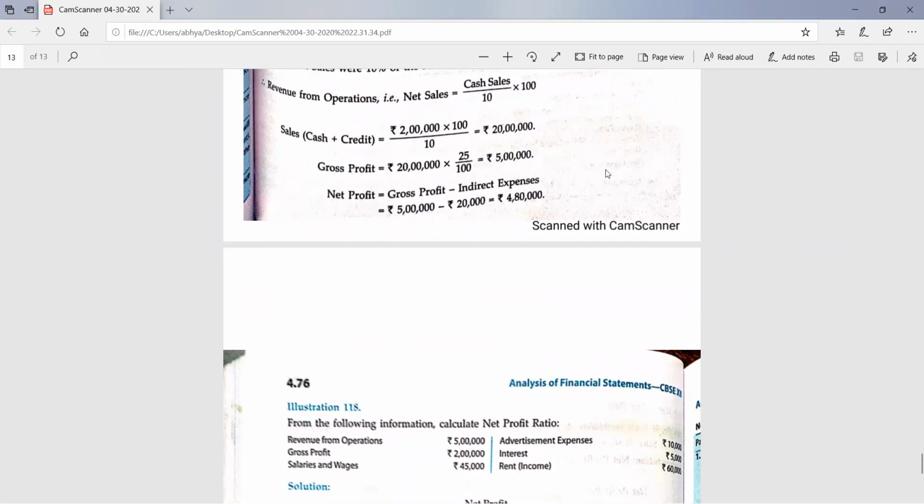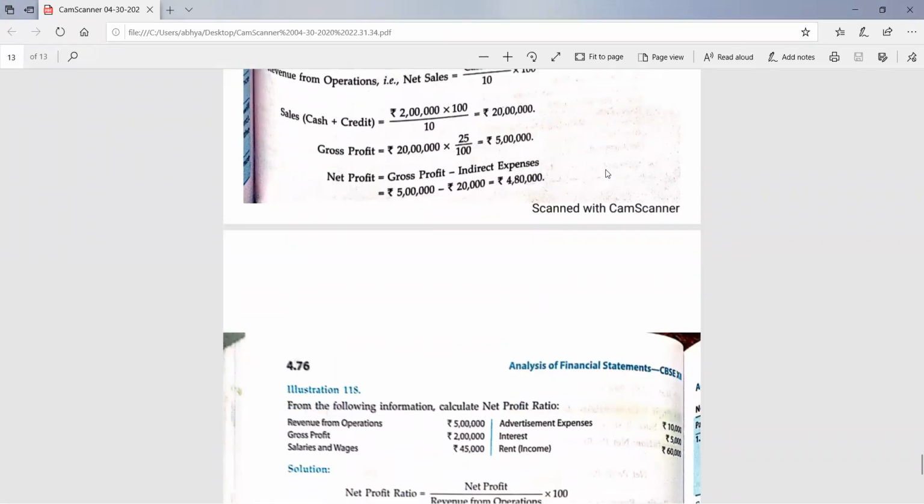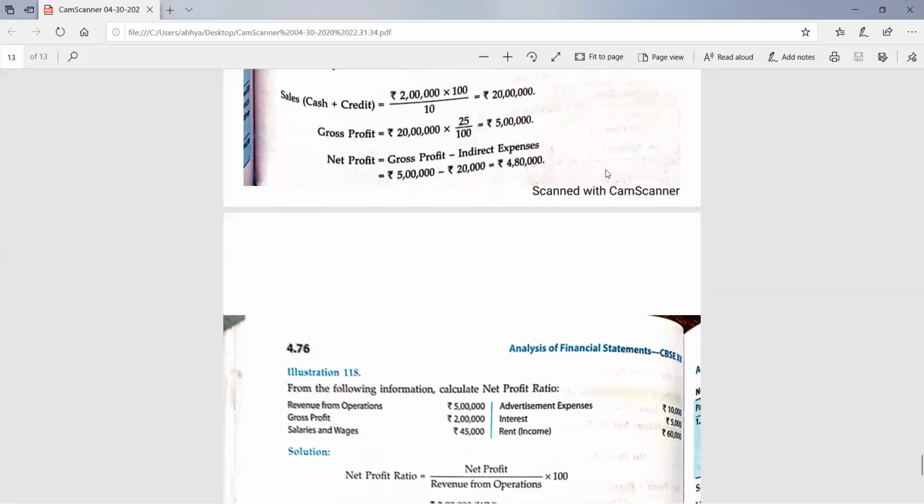So this is the question. From the following information, calculate the net profit ratio. You can start solving it while I am reading it. Revenue from operations 5 lakh. Gross profit 2 lakh. Gross profit is already given, so you can easily find the net profit using the gross profit formula.